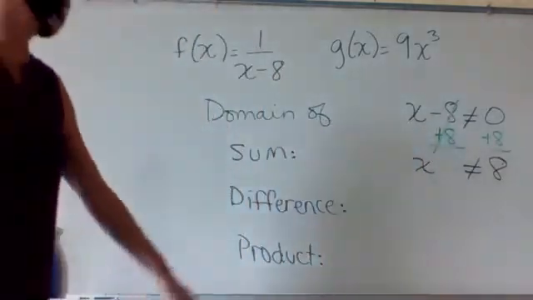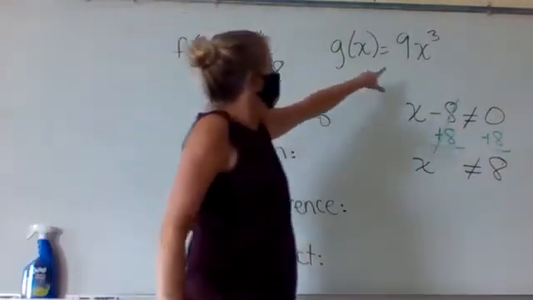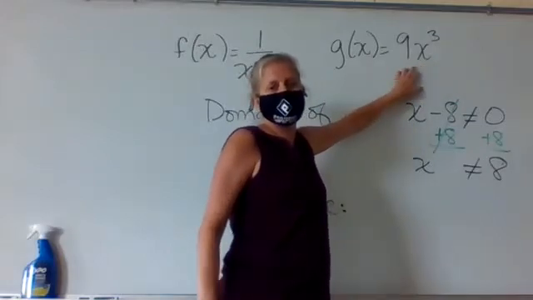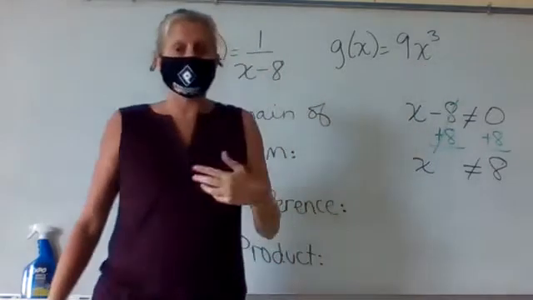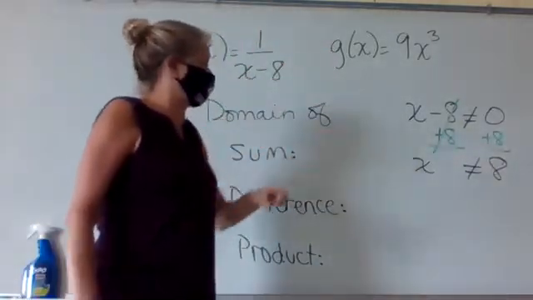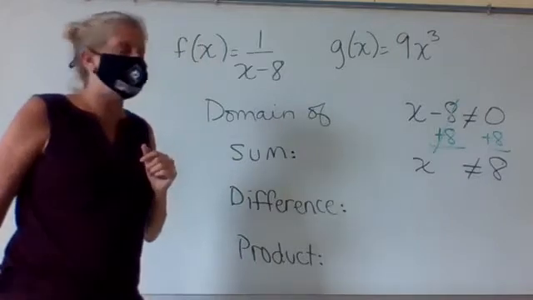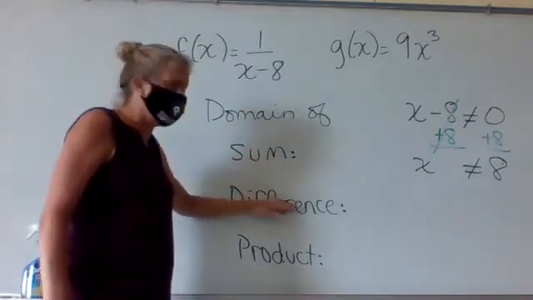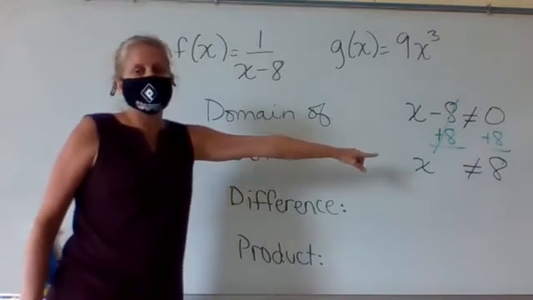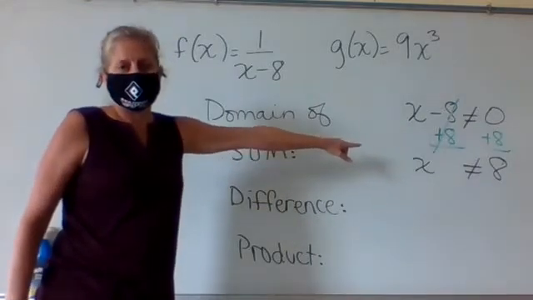So there's the restriction on this function. Does this function have any restrictions? In other words, is there a denominator with an x in it? No, there's not even a denominator at all. So that one doesn't have any restrictions. So the only restriction on the domain of all 3 parts of this problem is x cannot equal 8.